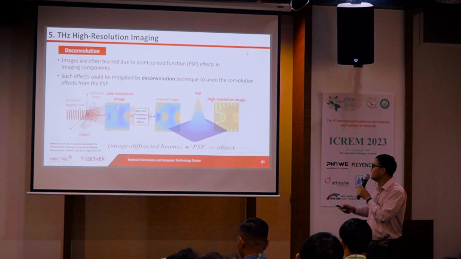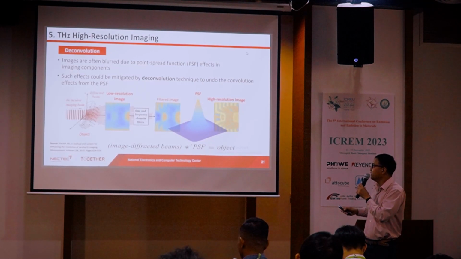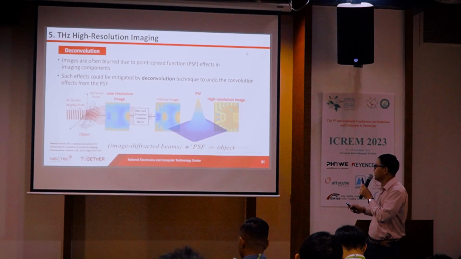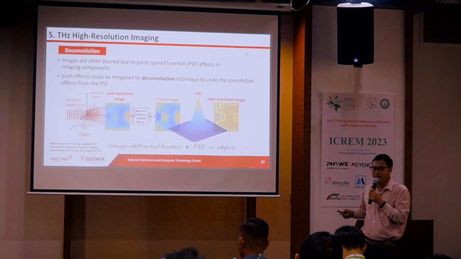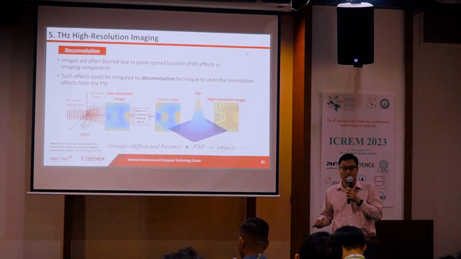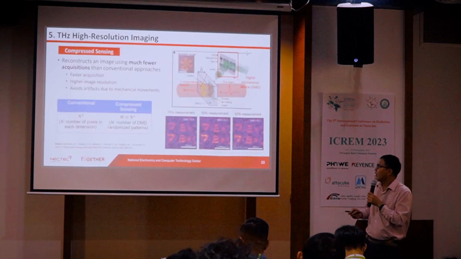So this is the original low resolution image. If you know the point spread function, you do deconvolution and then you get the high resolution image. That's the way to improve the resolution of the image.